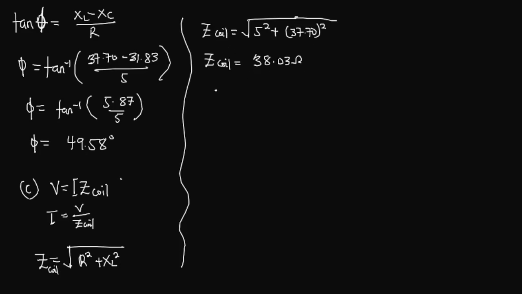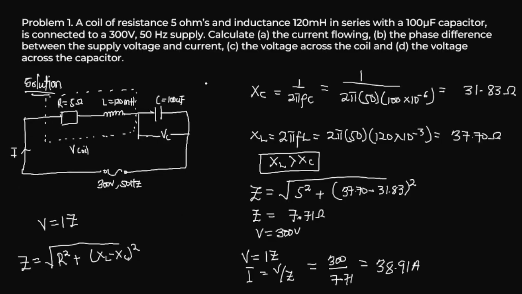So now that we have the impedance of the coil, we can go ahead and find the voltage in the coil. Sorry, we were to find the voltage, not the current. We already know our current, which we found from the first instance, is 38.91.